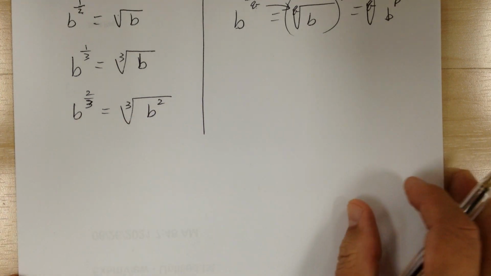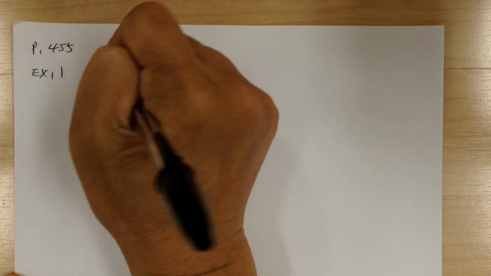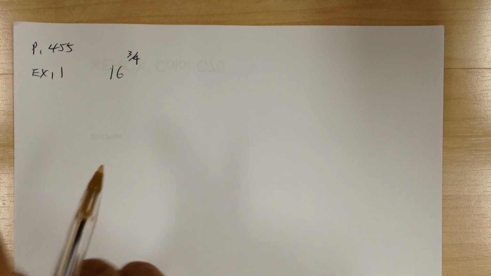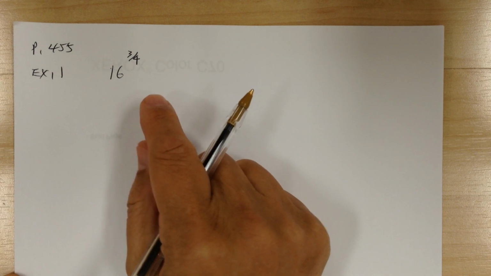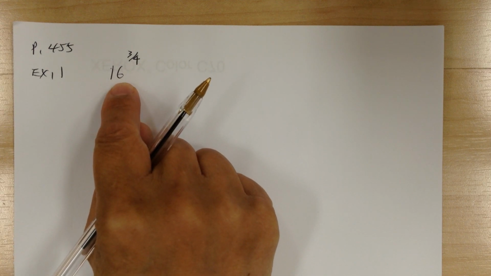Okay, so let's go over some examples. Example 1, you want to simplify 16 to the 3/4 power. Personally, I don't like either one of the methods. So whenever you have this kind of situation, you always want to break this down into the lowest base possible.